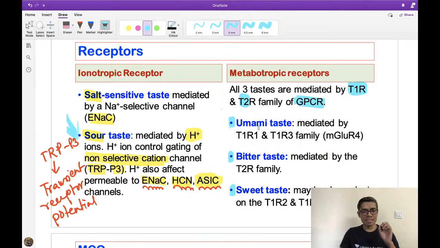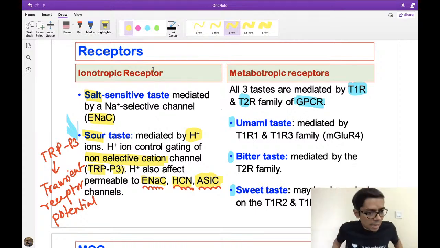Now this umami taste sensation, all of you have answered, okay, all of you, or I think Saini has given the answer and Saptarshi has also given the answer, that this is nothing but mGluR4. This mGluR4, that is the metabotropic glutamate receptor type 4, they are under the category of T1R1 receptor and T1R3 receptor.